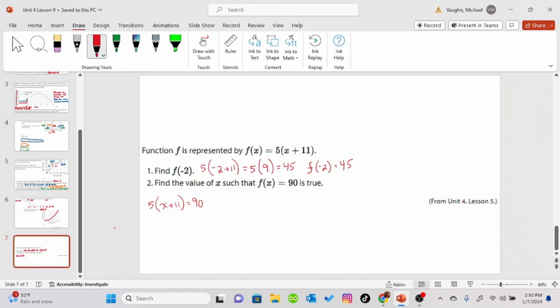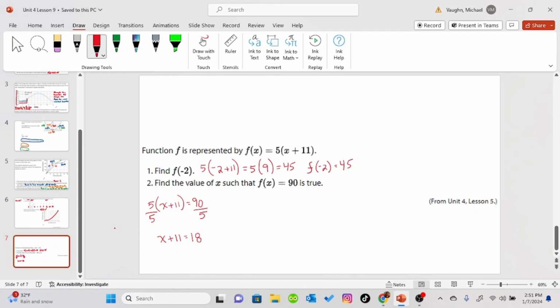And our goal will be to get x by itself equaling some number value. 5 times the parentheses is multiplication, so the opposite is to divide by 5. And if I divide the left by 5, I must divide the right by 5. Anything divided by itself is 1. So now the left side is just x plus 11. And 90 divided by 5 is 18.